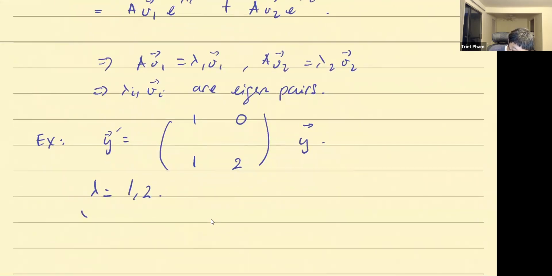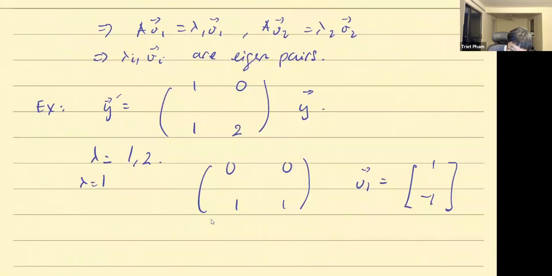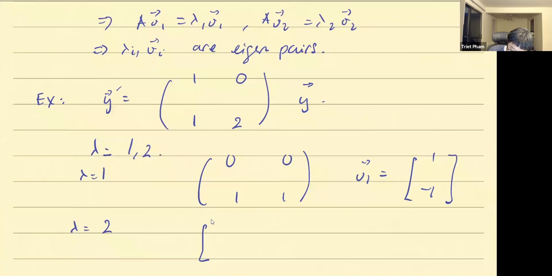If lambda equals 1, then you've got [[0, 0], [1, 1]], so your v1 will be [1, -1]. If lambda equals 2, then you've got [[-1, 0], [1, 0]], so your v2 will be [0, 1].